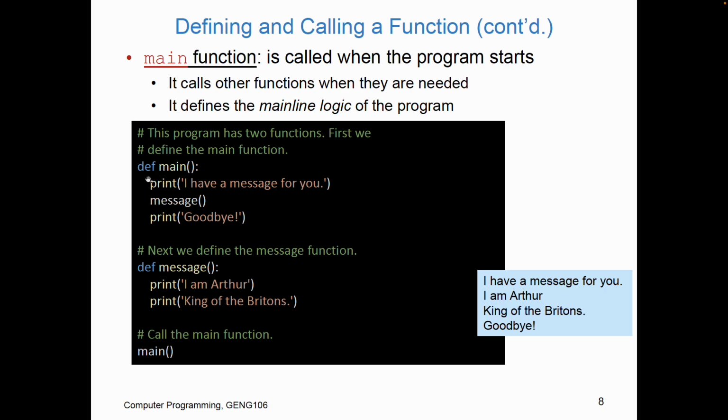We define a main function that contains all our program, we define some other functions, and then we call the main function. So again, our program starts here, which calls the main function and does those certain actions. Do you have any questions so far?